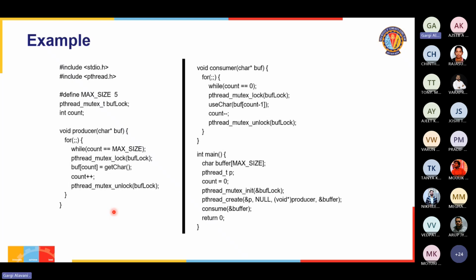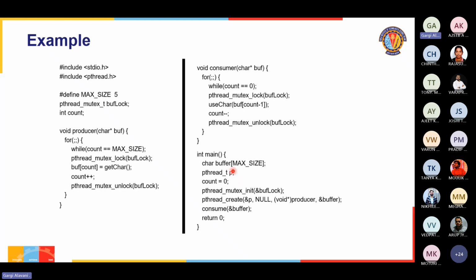So now, how are we using mutexes here? As you can see here, in the main function, we have a buffer, which is the critical variable that we need to take care of.